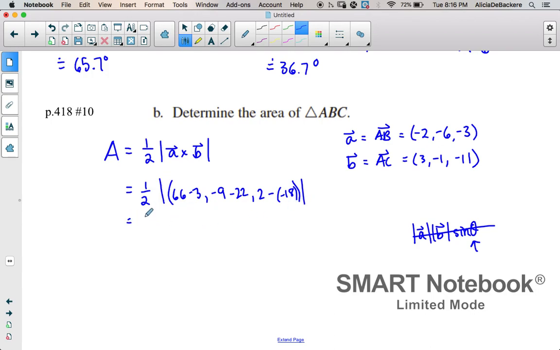Now I've got that resultant vector for the cross product. Now I'm just going to find the magnitude of that, and then I'll multiply the half through.